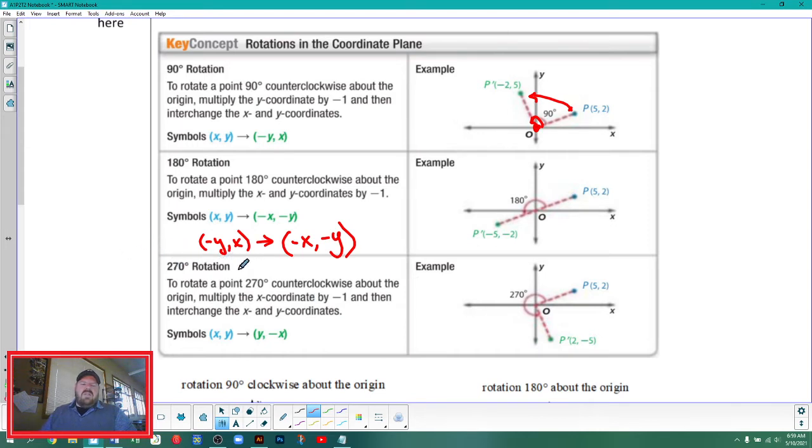This is a 270-degree rotation counterclockwise. Or what some people would rather talk about this as, sure, it's 270 degrees counterclockwise, or I would say a big or here, a 90-degree rotation clockwise.